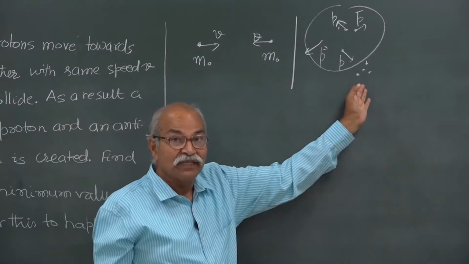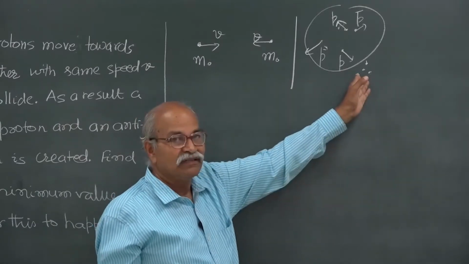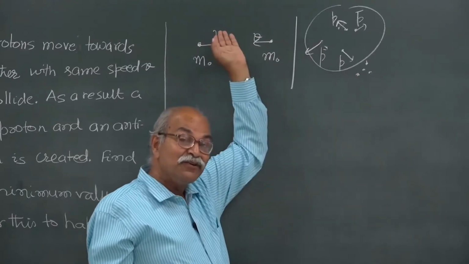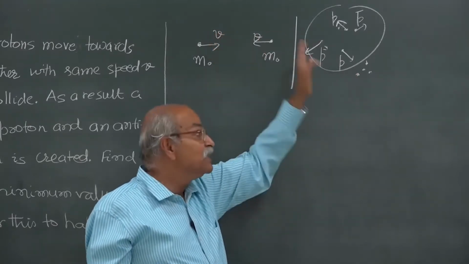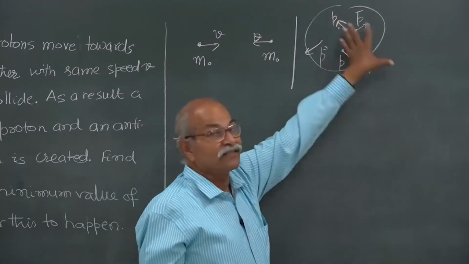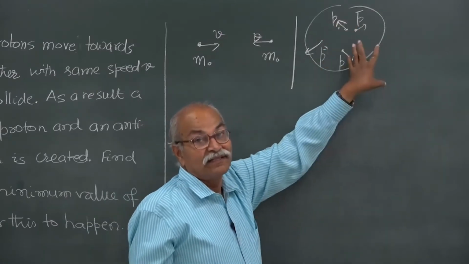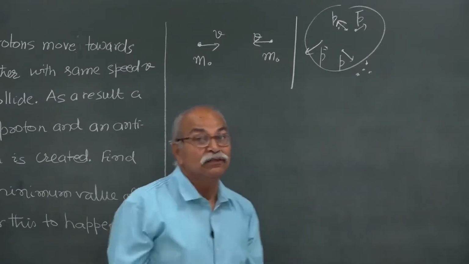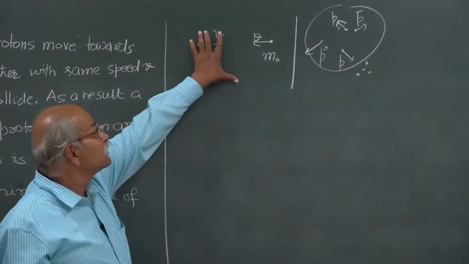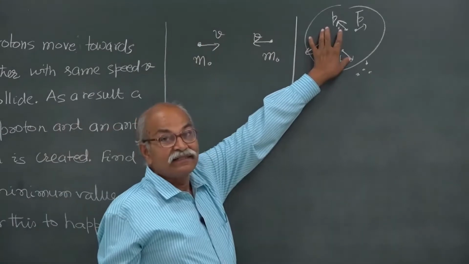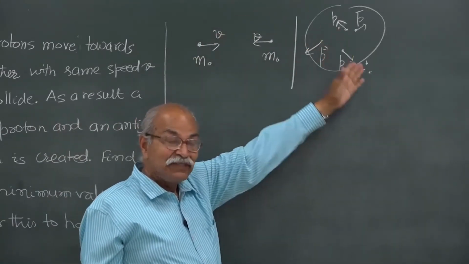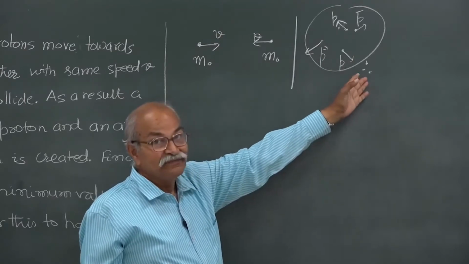So, this is possible, and if this is possible, then this will correspond to the minimum value of V, because we are not creating any more kinetic energy here. The energy which is available to create this new mass is this kinetic energy minus this kinetic energy. So, in order to maximize that, I should reduce this, and we can reduce it up to 0.